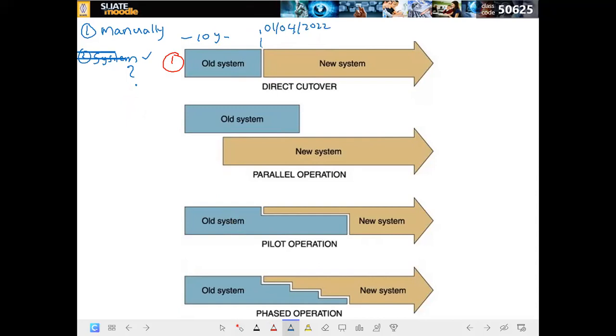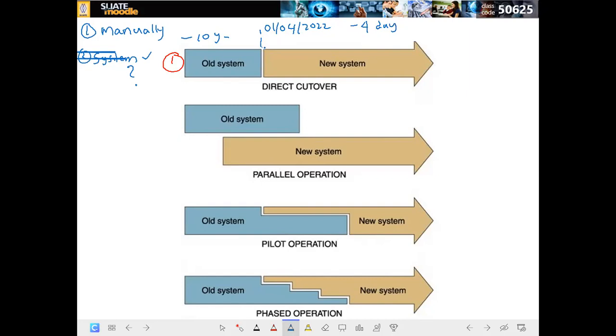We stop using the previous system and now we install the new system and we start the new system. Normally, let's say we stop the system on 1st of April 2022, then we need some time for implementation, right? අපි හිතමු implementation වලට 4 days ගත්තා කියලා.